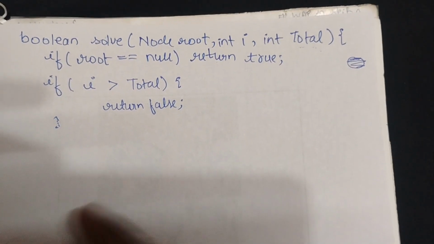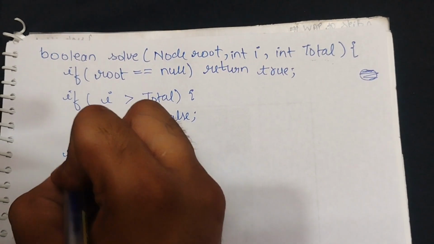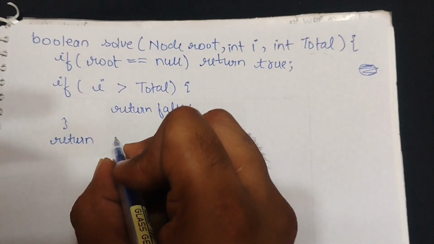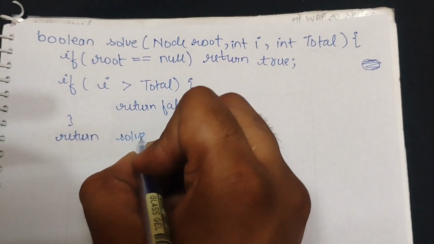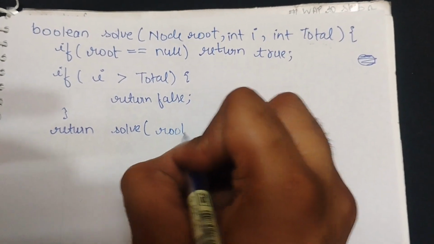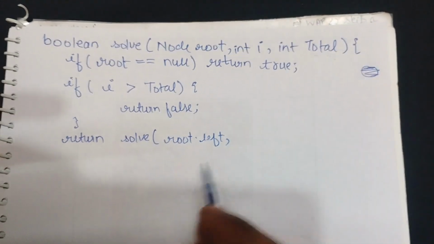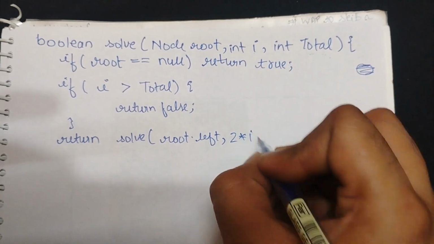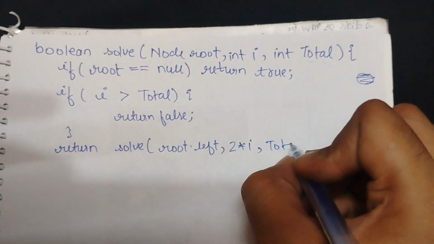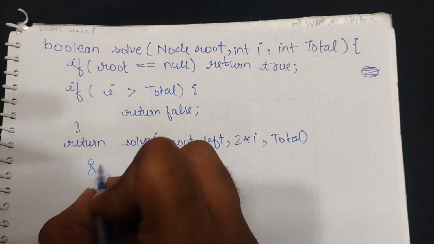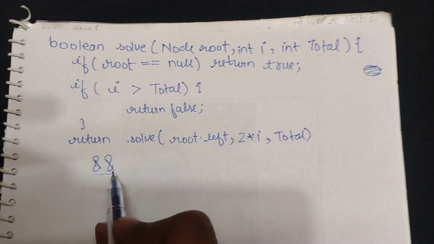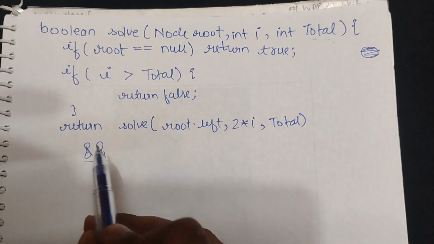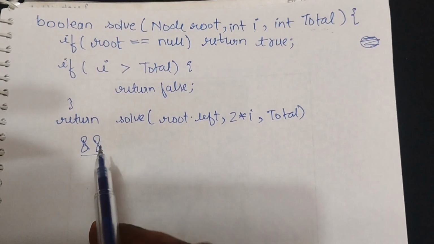Then I'll make the 2 recursion calls for left as well as for right. Now I'll do solve, then root dot left. For the left child, it is stored at 2 into i, and the total remains the same. As well as, I'll use and, because if any of the recursion calls returns false, then the final answer will be false.